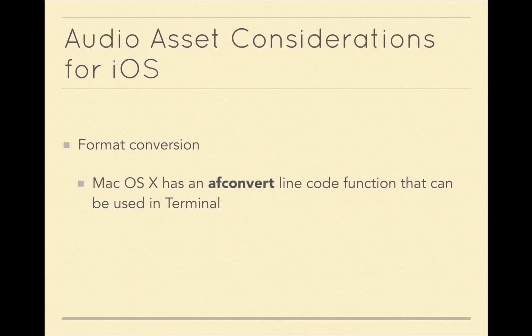And then on the Mac, there's a command you can use in Terminal called audio file convert, afconvert. If you haven't done any command line kinds of things like this in Terminal before, it's a pretty steep learning curve, but there are some tutorials online to walk through it.